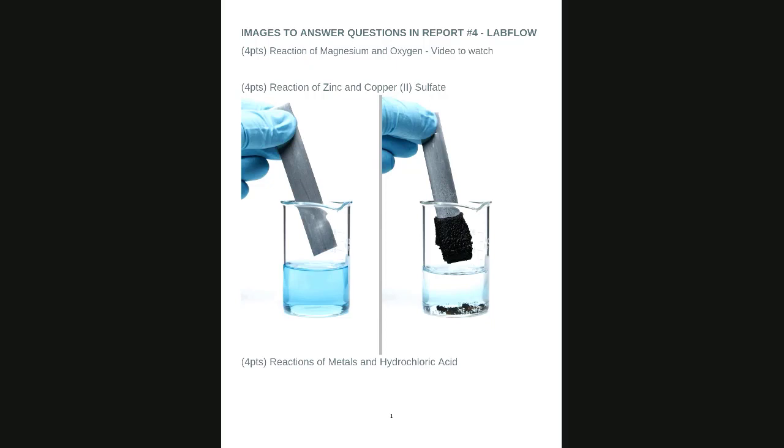Combination. Combination, correct. So reserve the combustion. I would do that for just hydrocarbons reacting with oxygen, and sometimes when the hydrocarbons have some nitrogen or some sulfur, as I said before, it's called also combustion.